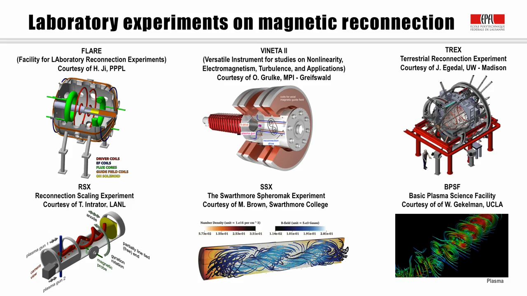A number of magnetic reconnection laboratory experiments have been developed in the past and are presently under development, with different geometries from two-dimensional to fully three-dimensional, and also covering different plasma regimes from Sweet-Parker to two-fluid MHD and kinetic reconnection. These will provide an important test bed for reconnection theories and simulations.